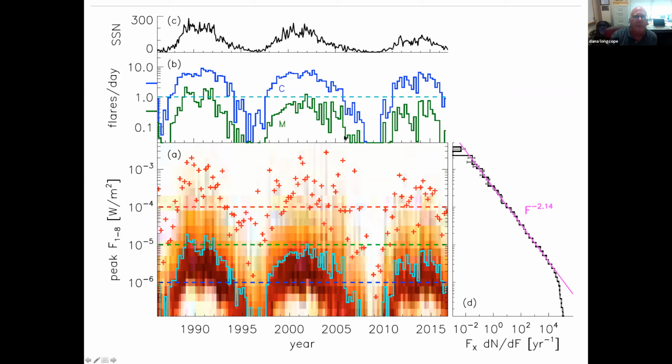So clearly we haven't made enough observations to definitively say whether X100 flares happen once every 3,000 years or less frequently than they're supposed to. There's small number statistics, undersampling. So nobody knows where it turns over. It stands to reason you can't produce flares of arbitrarily large size, but no one's definitively shown where that rollover is.